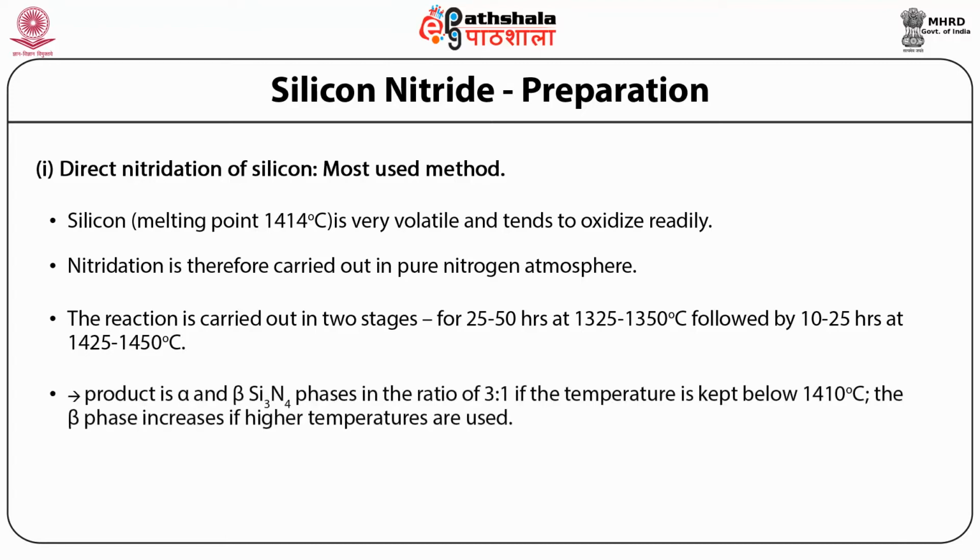The product consists of alpha and beta silicon nitride phases in the ratio of 3:1 if the temperature is kept below 1410 degrees Celsius, whereas the beta phase increases if higher temperatures are used.